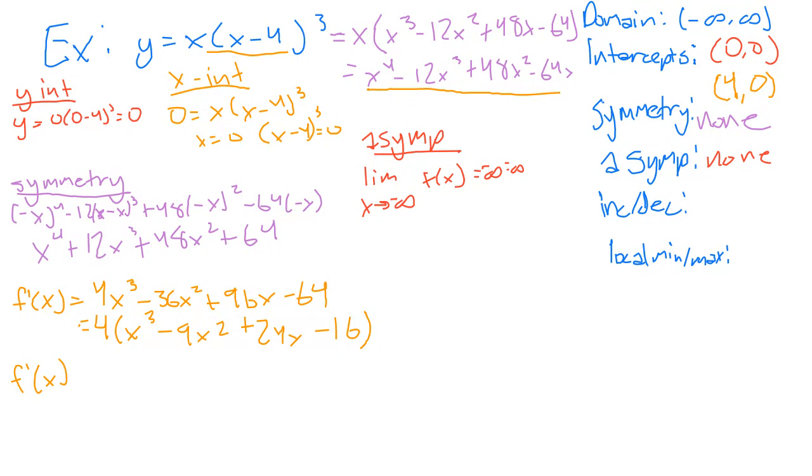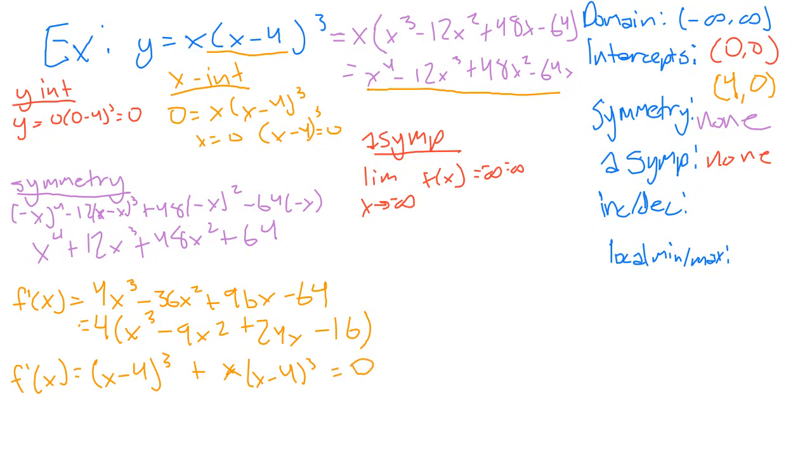If we go ahead and use our product rule, the derivative of x is going to be 1, so we're left with x minus 4 cubed plus, now our initial function is x, and if we take the derivative of x minus 4 cubed, we're going to get x minus 4 squared times the derivative of x minus 4, which is just 1, which equals 0.